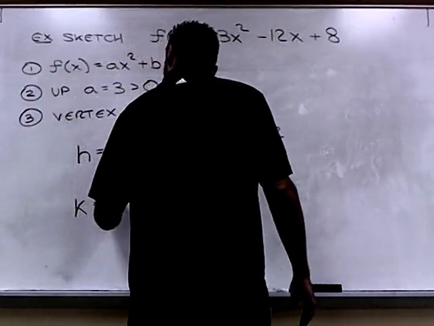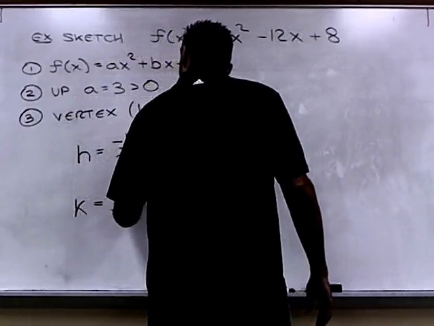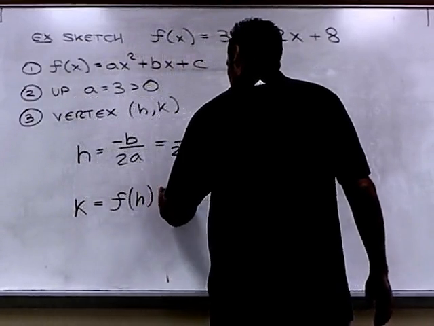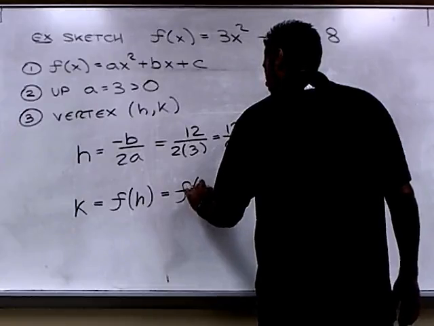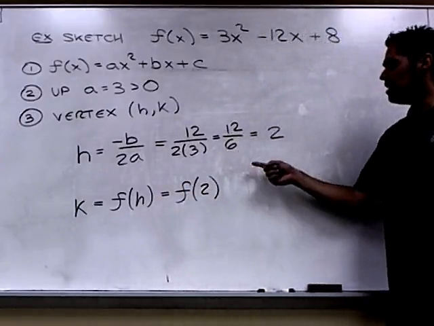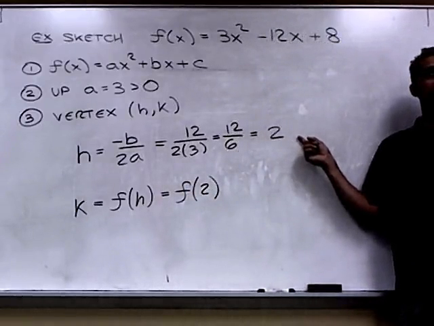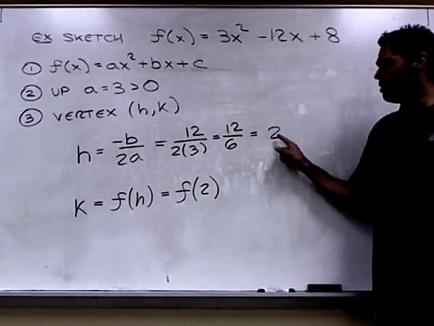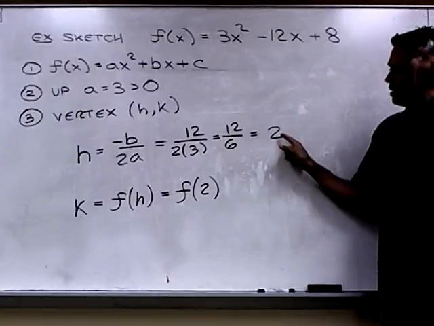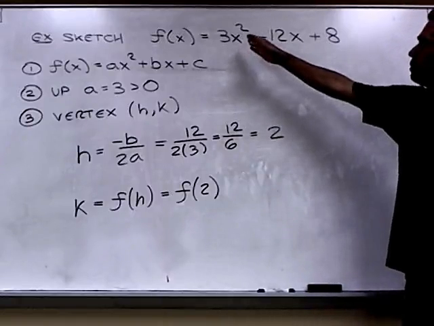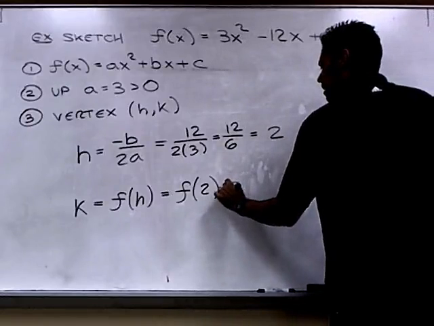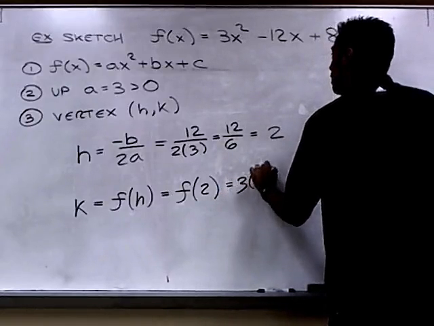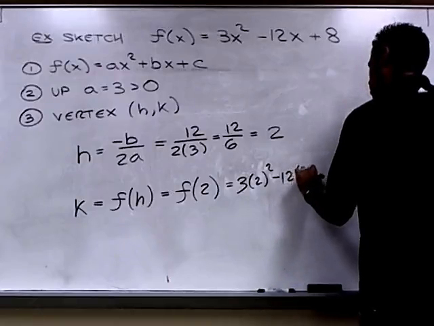How do we get k? What do your notes say? It's f of h, right? So we plug h, whatever we got, 2, into the function. So do you see that if you don't get 2 correct, then what you plug in is going to be incorrect also? So it's very important you get this number correctly. f of 2 means you go up here and you plug 2 in. So that will be 3 times 2 squared minus 12 times 2 plus 8.